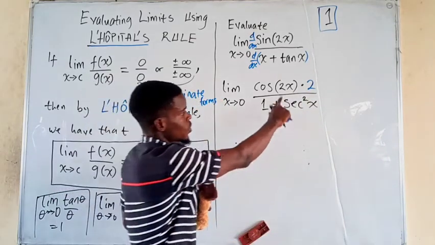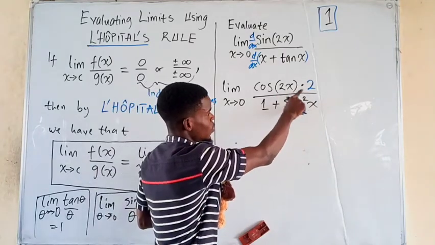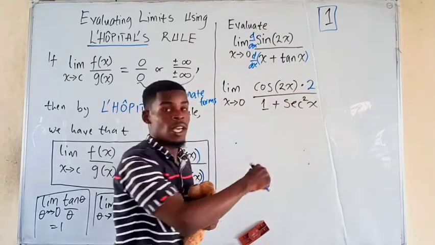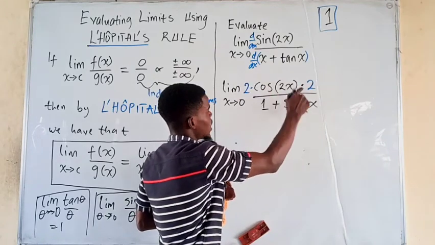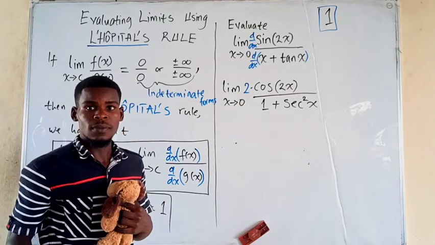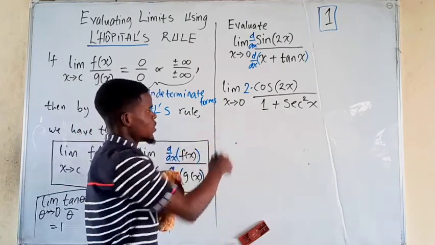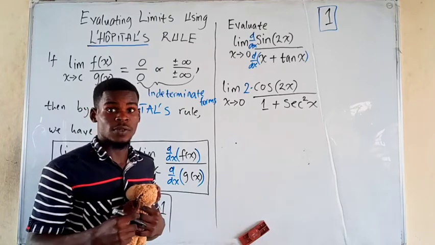So this is cosine 2x times 2. This 2 is not multiplied with this angle; rather this 2 is multiplied with the whole function. So I can rewrite the numerator as 2 times cosine 2x. Anyway, as x tends to 0, let's do a substitution and see if we are going to have a 0 over 0 situation again.